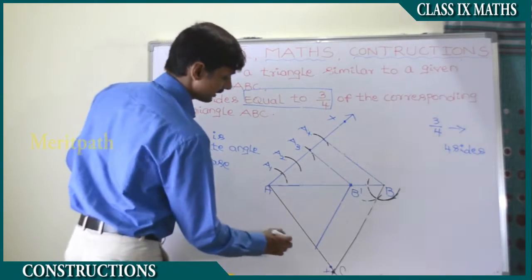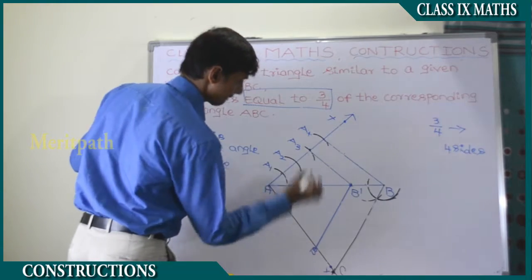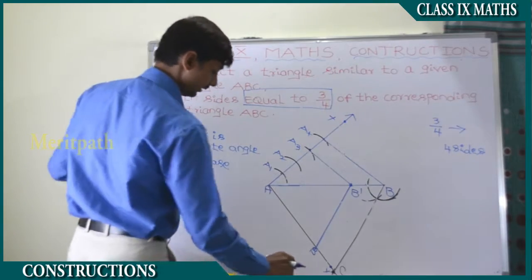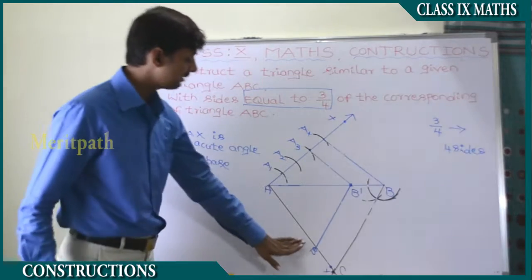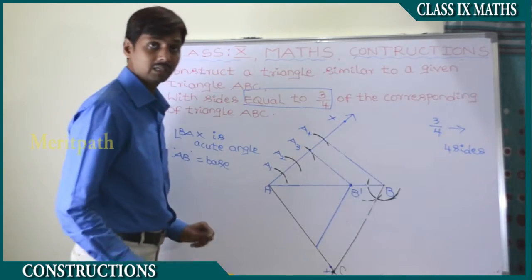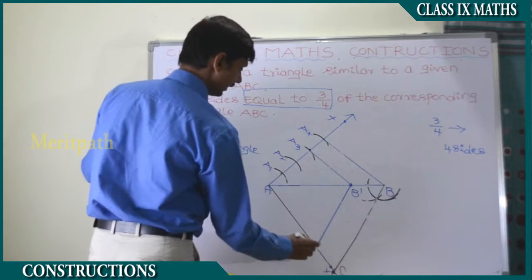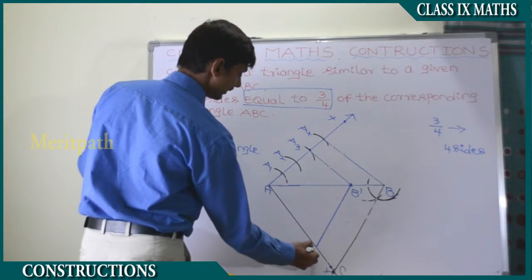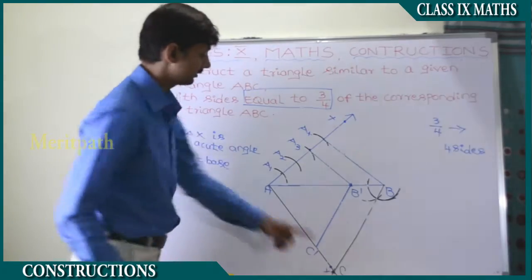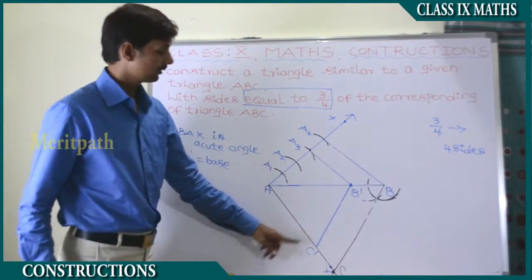We need to take some other name because we already have B, so let's take C dash, because this is C and this is C dash.